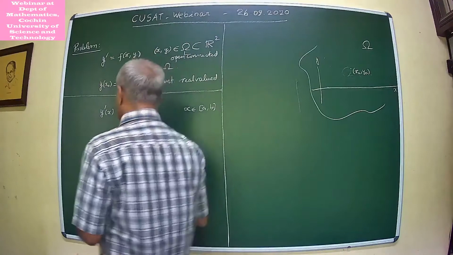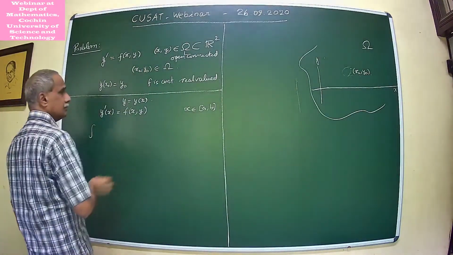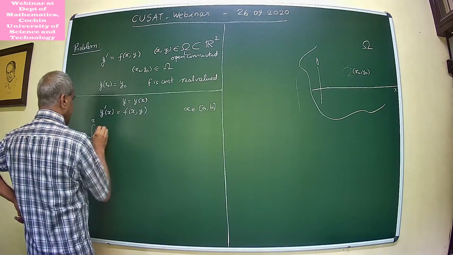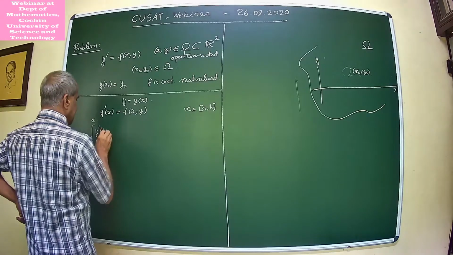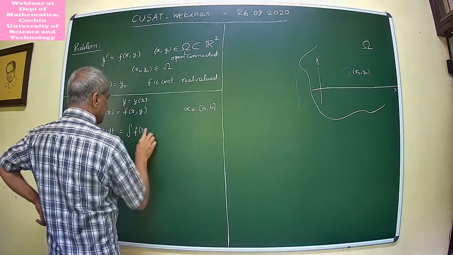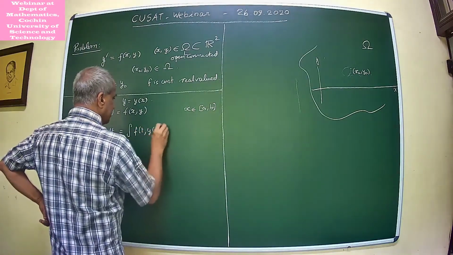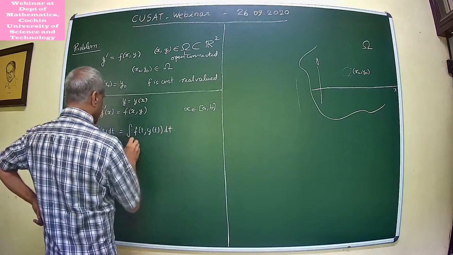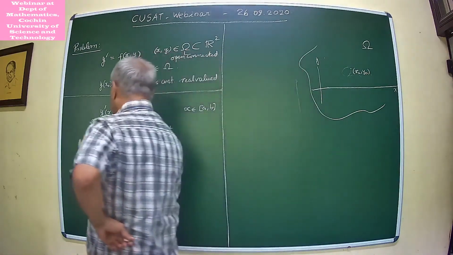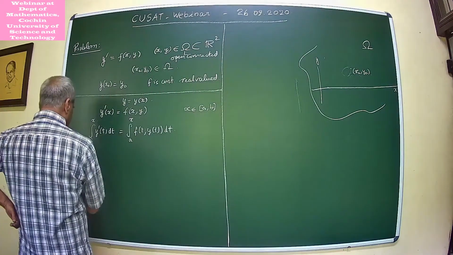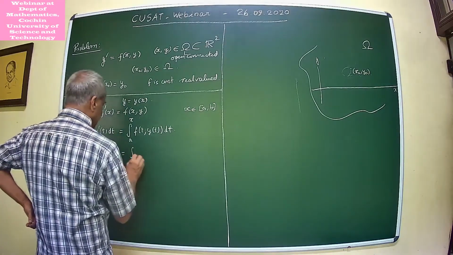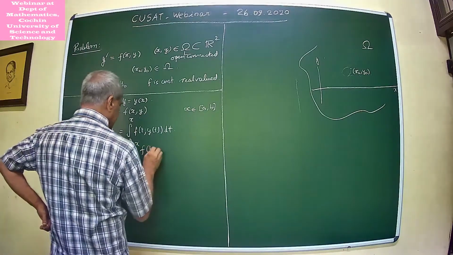Now you integrate from a to x, y dash t dt. This will give you the integral of f of t, y of t dt. And this part you can integrate and you get y of x minus y of a equal to the integral from a to x of f of t.